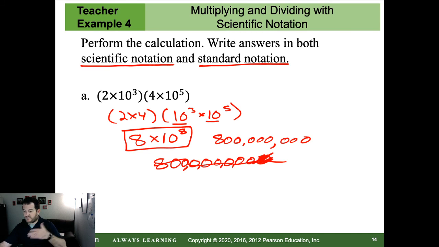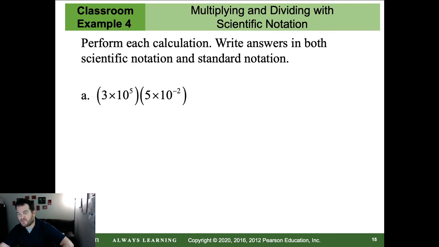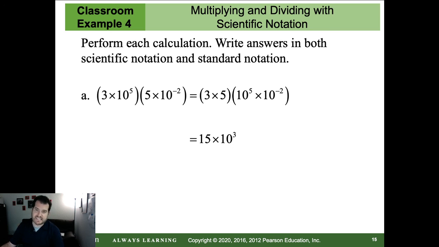So hopefully it made sense. So basically, you take your whole numbers, multiply together, take your exponents, multiply together. So go ahead and take a minute, try this one. Now, I'm going to guess where some of you guys went wrong. Is you got to that, perfect. You got to that. Now the question is that in scientific notation?